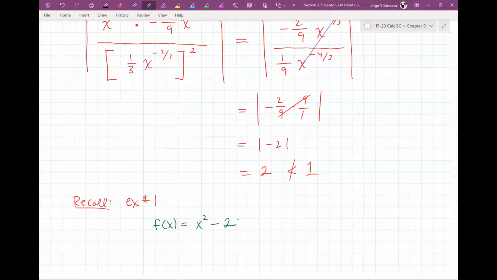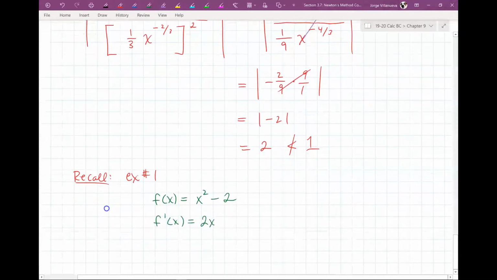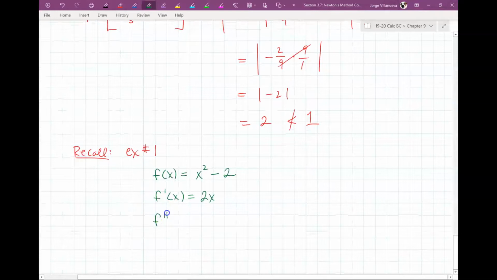And we knew our answer was within, what was it, 1.414 something, right? We found out that was our 0 exactly, but that's where we were at. Let me just show you this. Let's take the first derivative of this because it's an easy one to do, right? There's my first derivative, and then my second derivative.